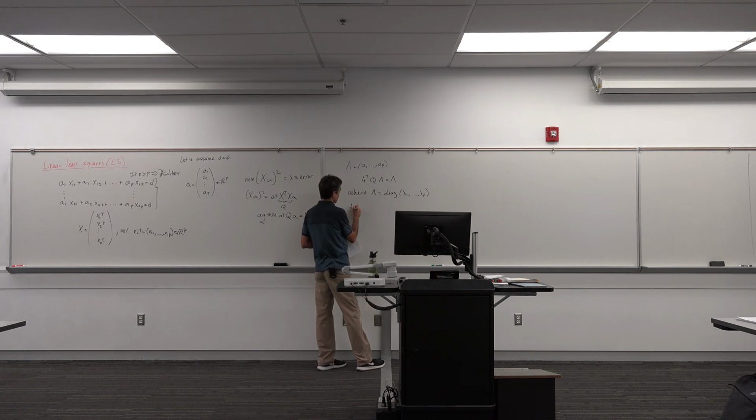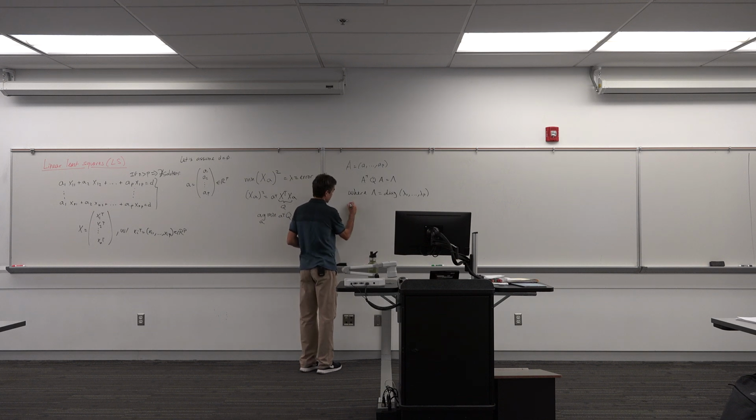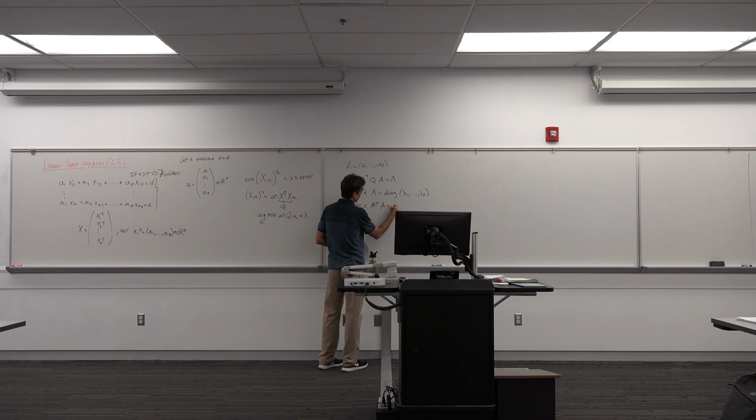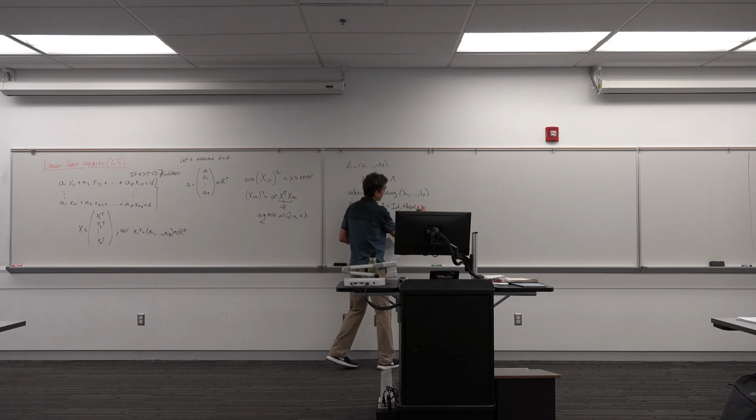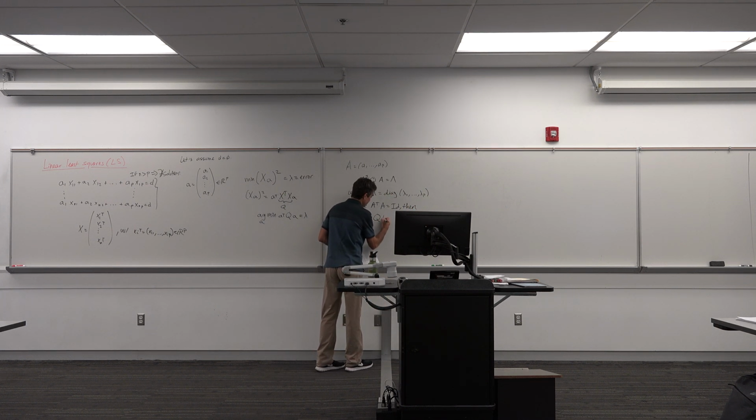Since A transpose A is equal to the identity matrix, I can write this solution as QA, this is Q capital A, equals A capital lambda, right?